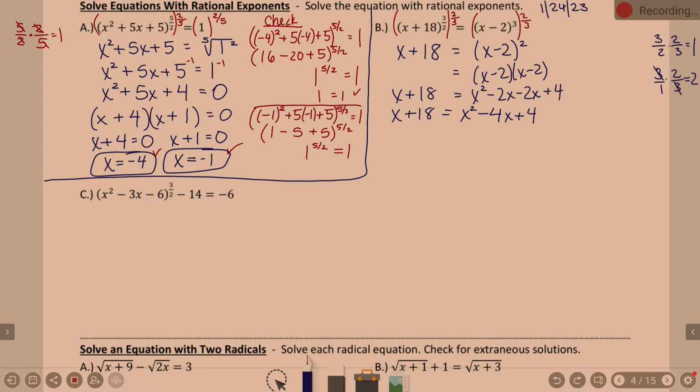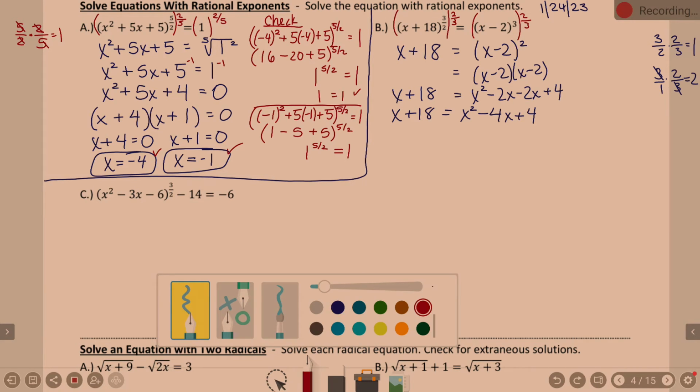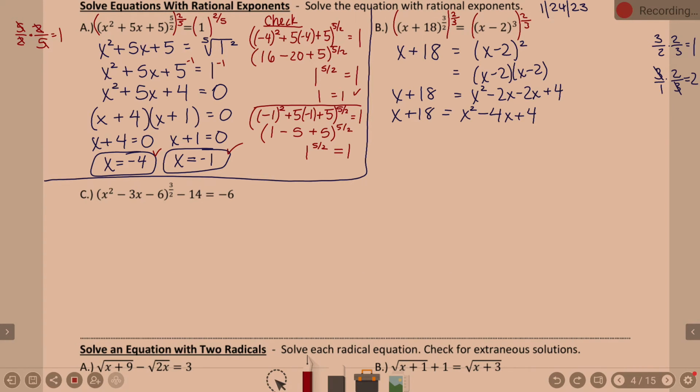Thoughts on what to do next? Need to take this equation and make it what? Equal to 0. Everyone came alive at once here.